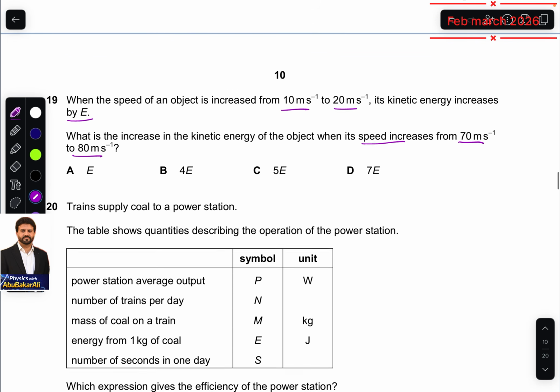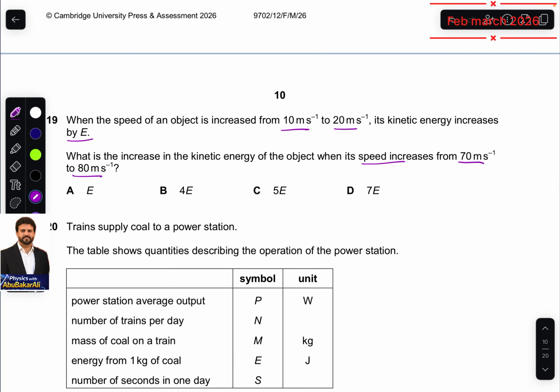First, we have to look at the relation between the energy and the speed. They're talking about kinetic energy. So we know kinetic energy E is equal to half mv squared. The object has the same mass, so I can say E is proportional to v squared, right?